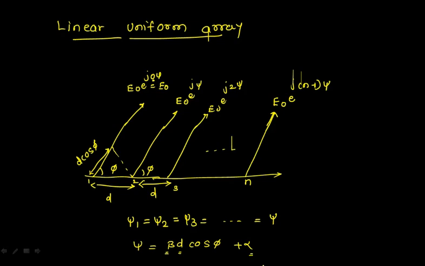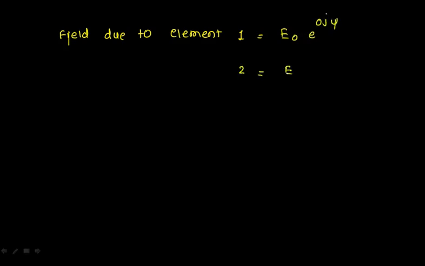Okay, so whenever it comes to the total field, if I am interested in the total field, I know that the field due to element 1 is nothing but E0 e raised to 0 j psi. What about 2? It's E0 e raised to 1 j psi. What about field 3?